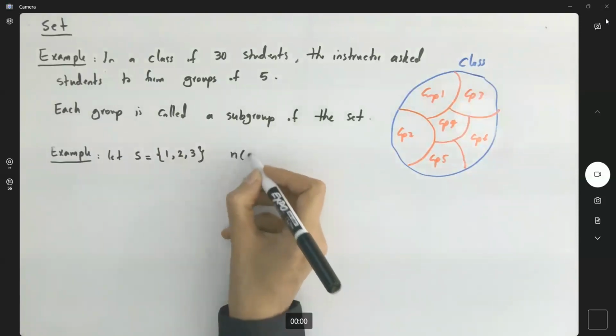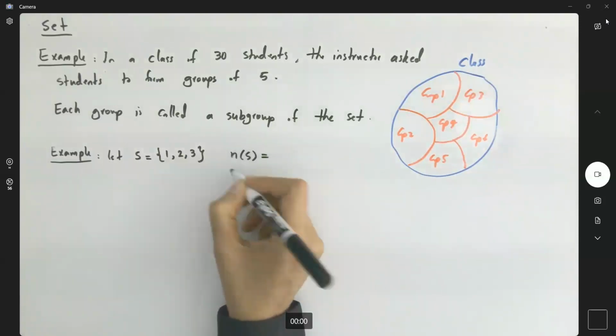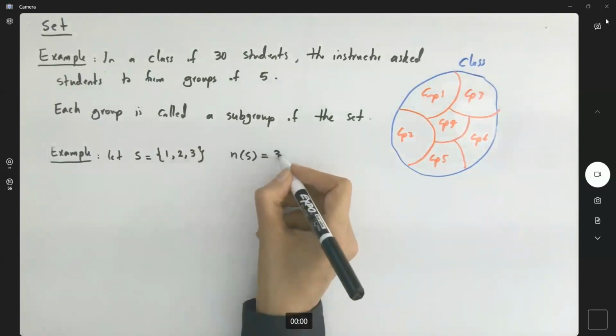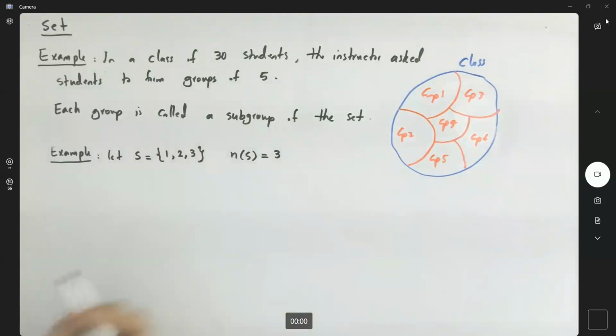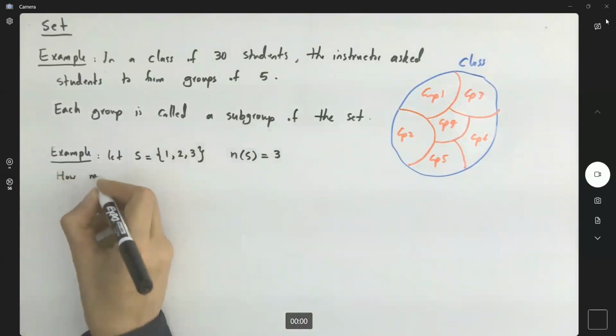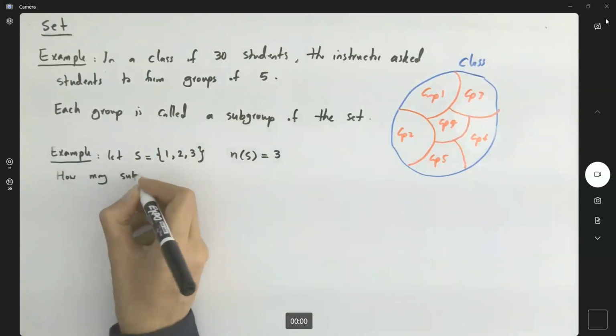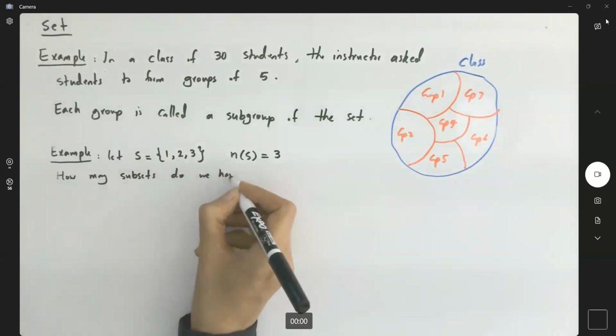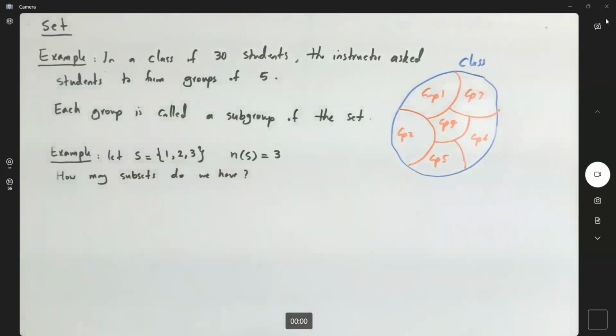The cardinality of this set, or the size of this set, is 3, since it has only 3 distinct members. The question that you should be asking is, how many subsets do we have? Okay, very good. How many subsets can we construct here?